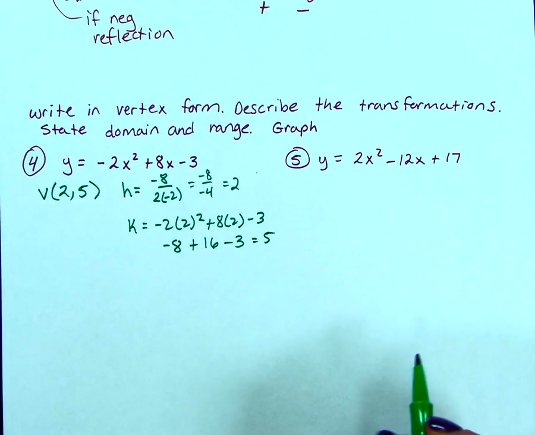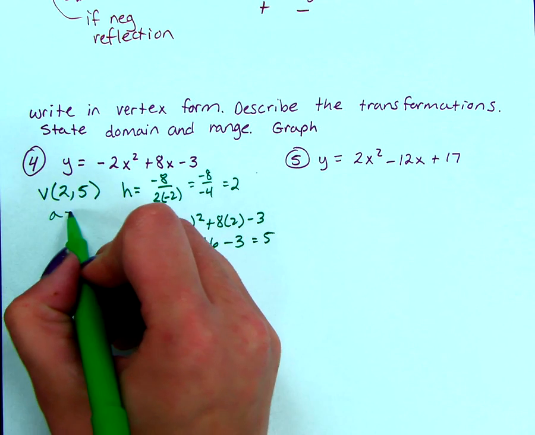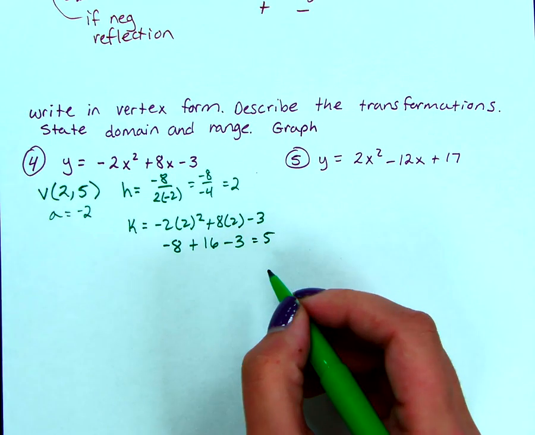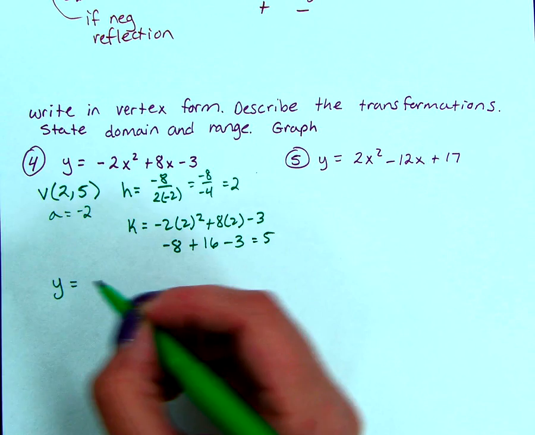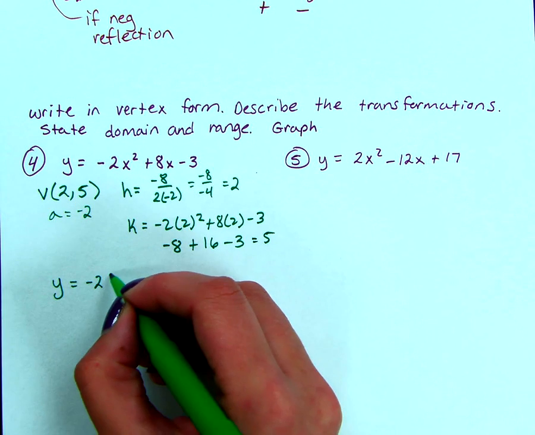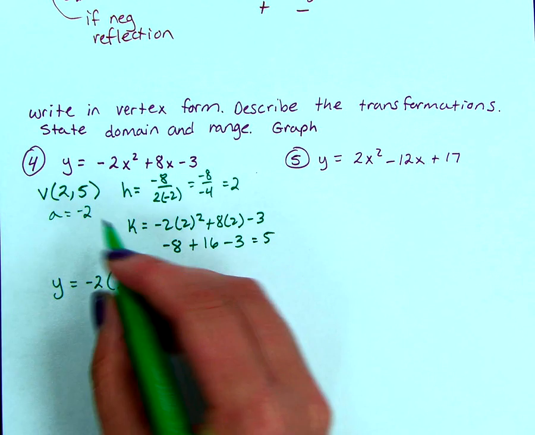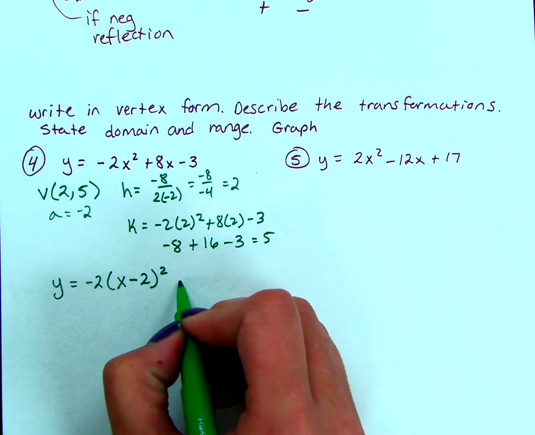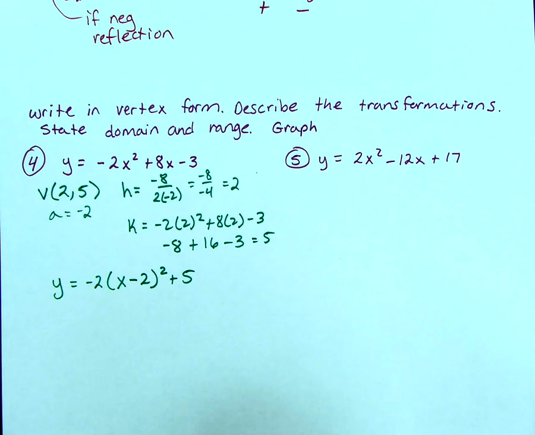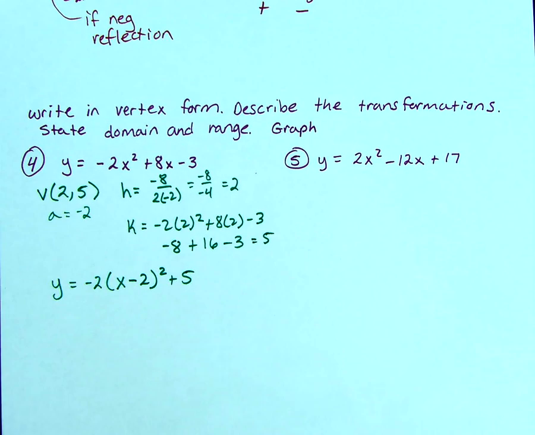Okay. And then my a value for this problem is negative 2. So to plug it into vertex form, we have y equals, and then a, which is negative 2. And then x minus h, so that is minus 2 squared, and then plus k. So we have plus 5. So again, we have it in our vertex form.